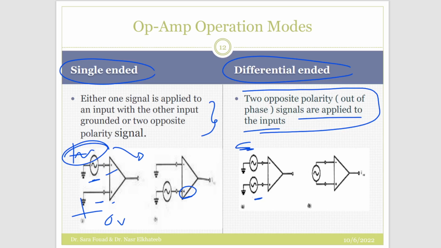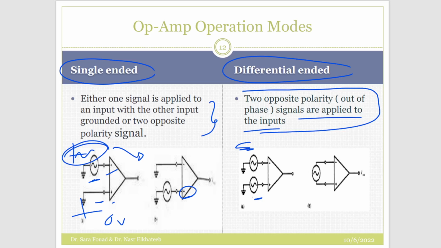The operational amplifier is going to take the difference between them. These two signals have opposite polarity, or we could say that they are out of phase. One signal starts from 0 and the other, for example, starts from 30 degrees or from 90 degrees. That is what out of phase means.